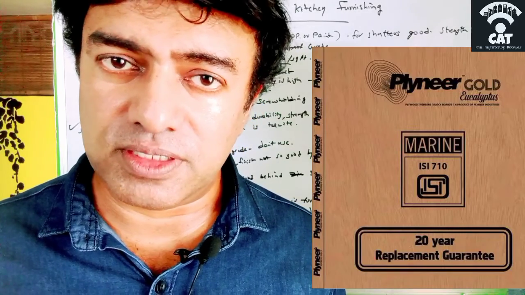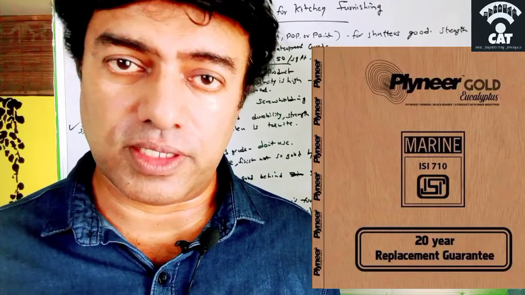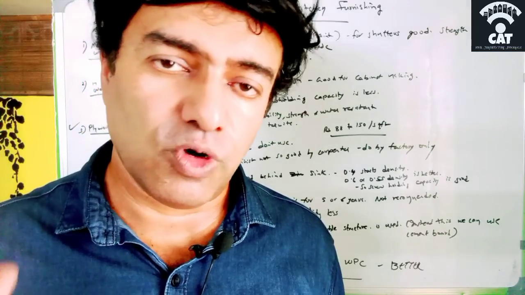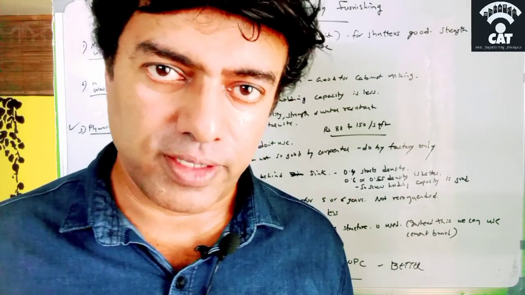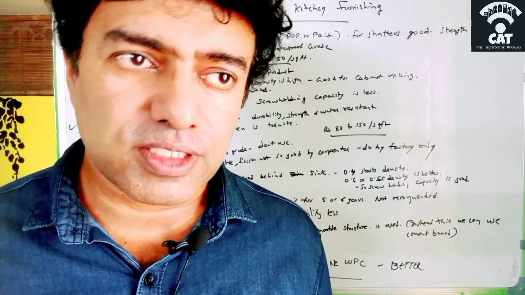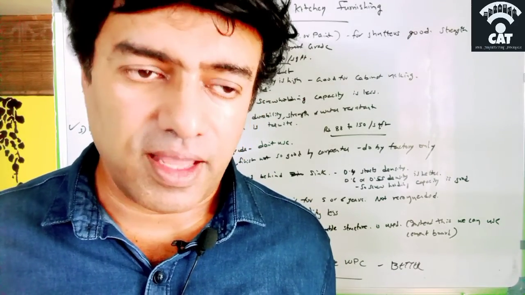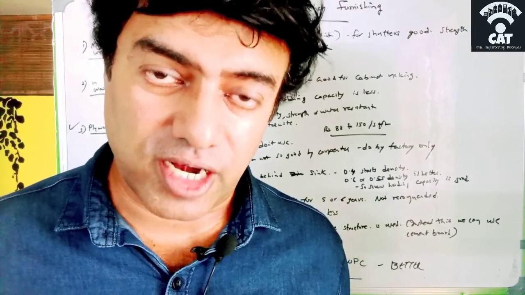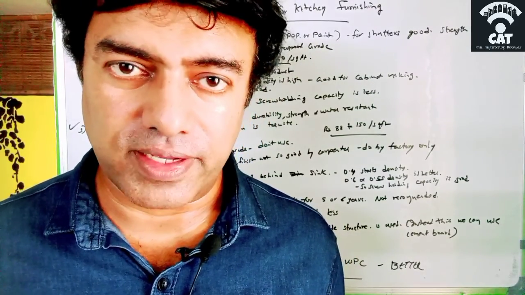One is moisture resistant 303 grade, but it is inferior. Don't go for that, which is commercial grade also. So always go for the marine plywood for your kitchen cabinets, which is IS 710. It has got all the qualities that we need for a kitchen cabinet, like moisture resistance, strength, and durability. All these qualities the plywood is having.